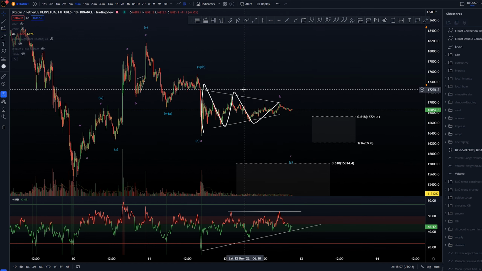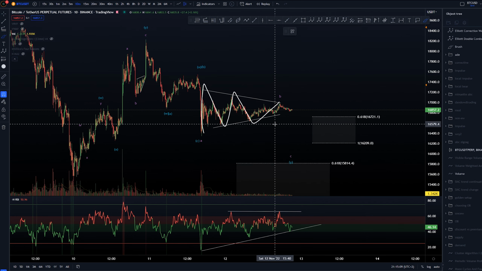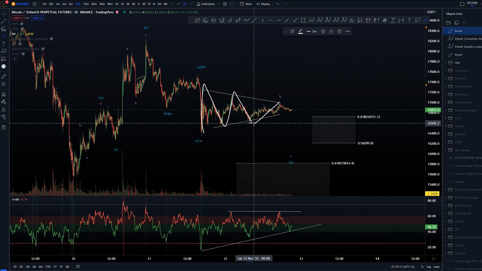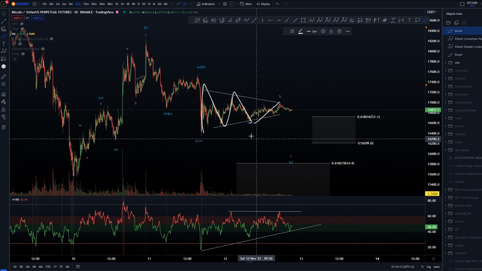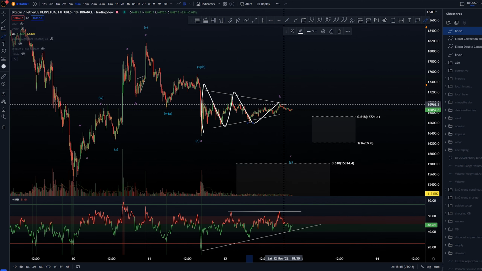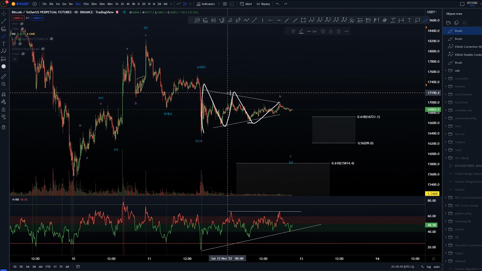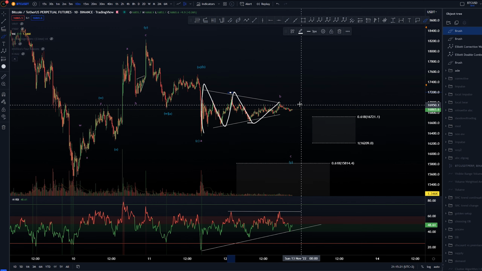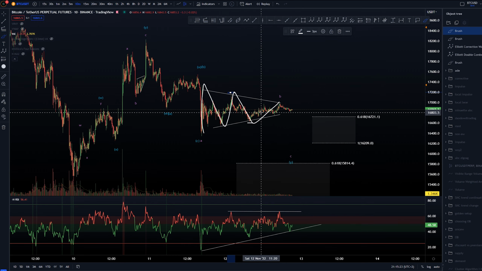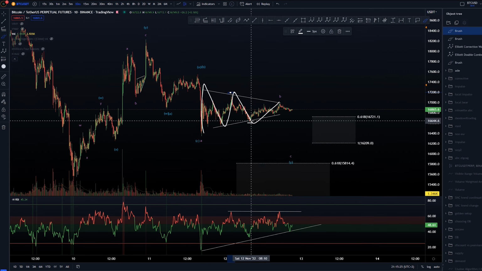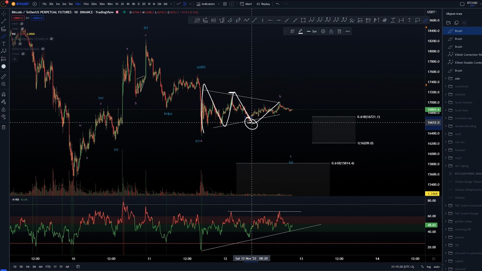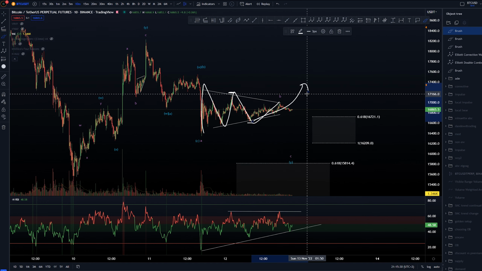The good thing about the triangles is that we have clear invalidations. At the moment, if we are going below this one, we know that either the triangle is done and we are coming downwards, or if we break up higher here, we know that, okay, the triangle actually ended downwards at these lows and we are going higher.